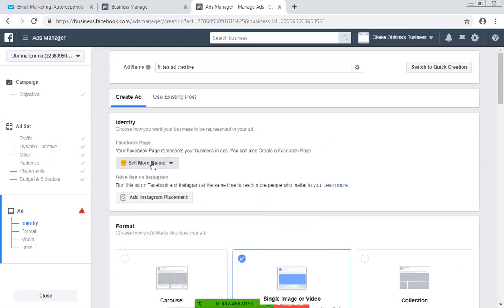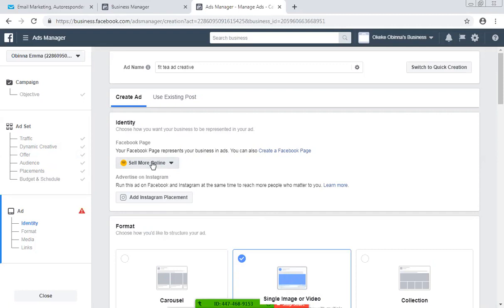But of course, remember what I told you, creating a winning Facebook page means you have to name your Facebook page in a way that when people see it, they have a clue of what your advert or whatever you are promoting with that page is all about.